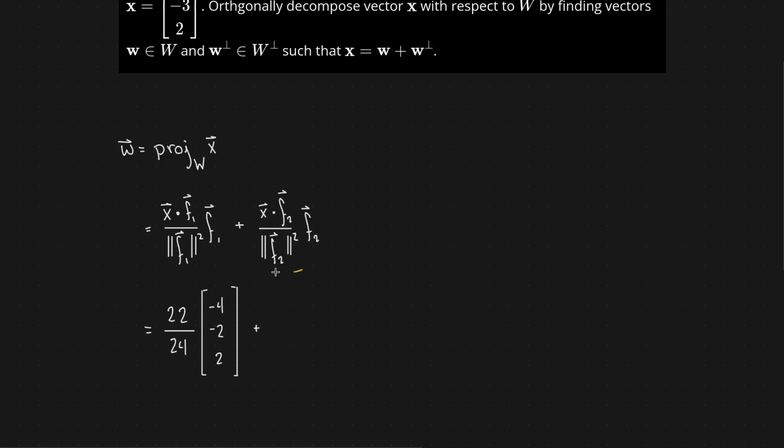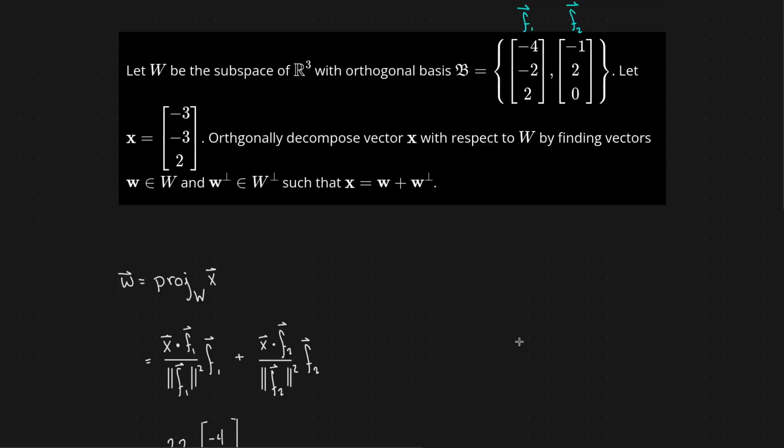And now let's do the same thing for projecting onto vector f2. The first thing I need is the dot product of vector x with vector f2. If I take the dot product, first term times first term, I get 3, plus -6.